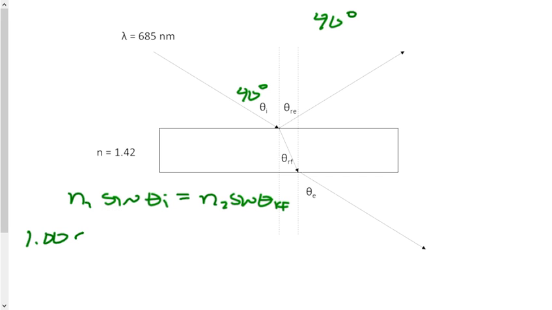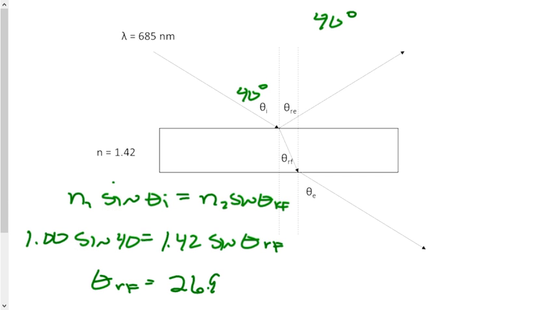And we're going to say the sine of 40 equals N2, which is 1.42, times the sine of theta refracted. And after solving that, we get theta refracted equal to 26.9 degrees. And again, that's measured relative to the normal.